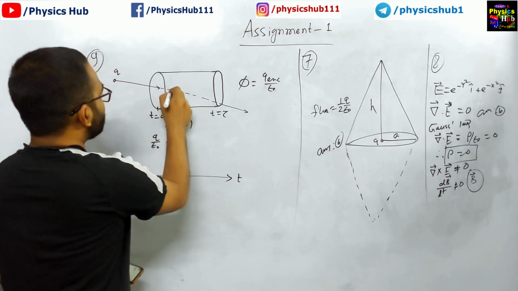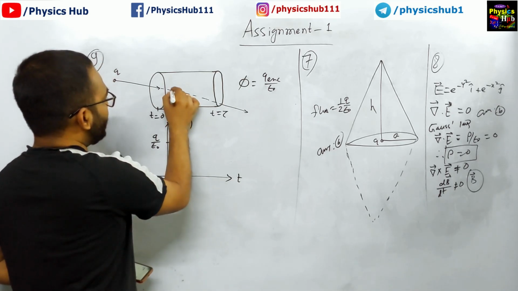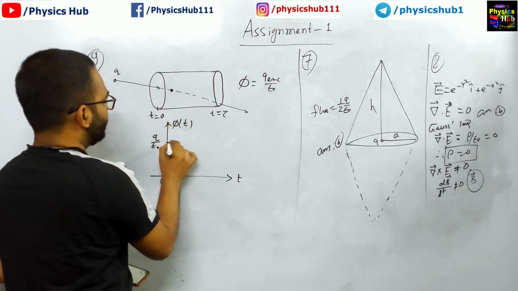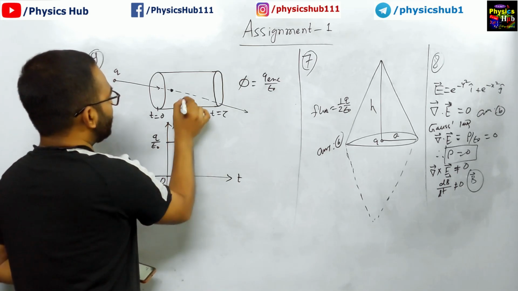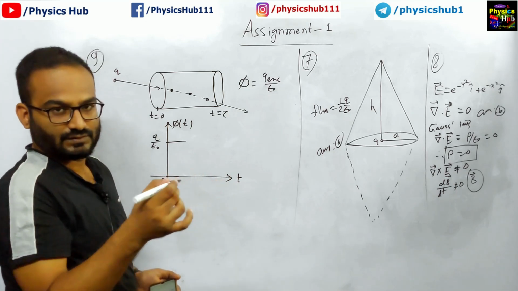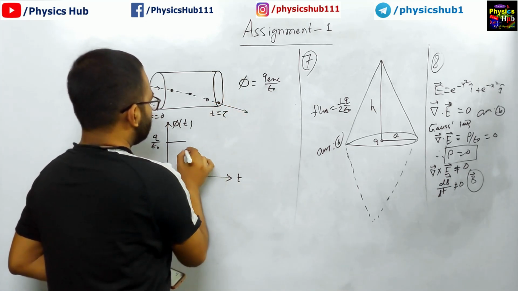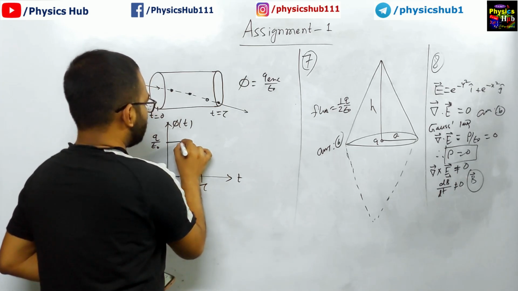Now as the charge moves through, the total charge enclosed is still q, so it maintains the value, up to t equals tau. The total charge enclosed will be q.